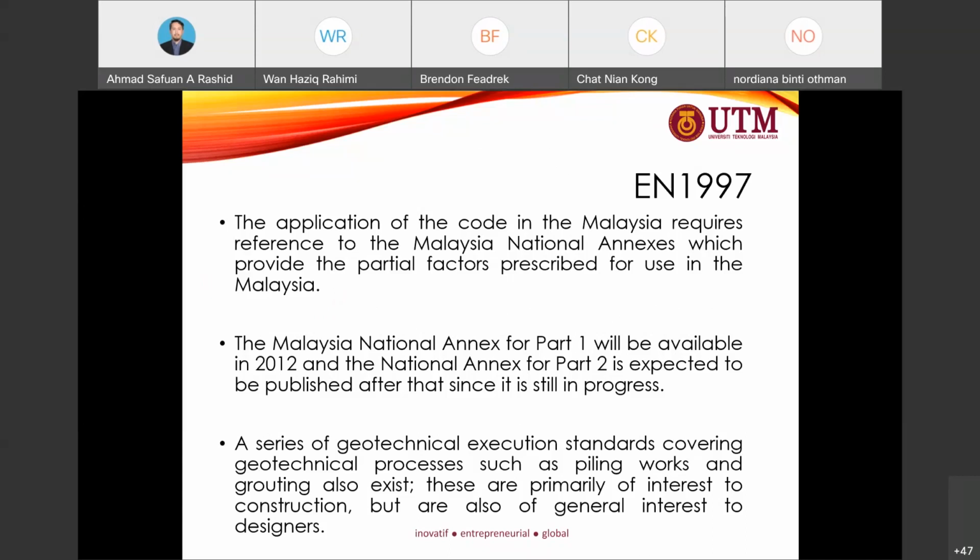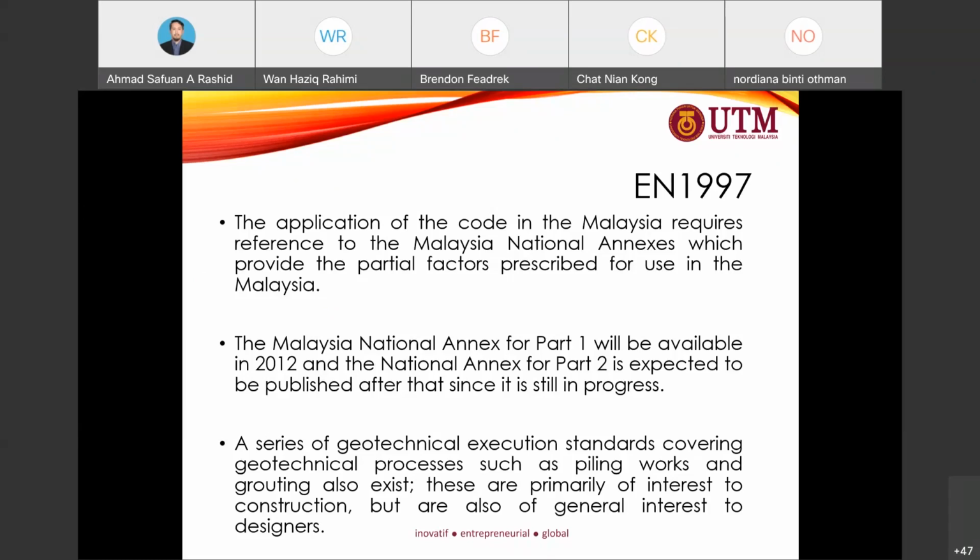It's already available, so I will also include the Malaysian standard in your e-learning after the class, so you can have some idea when we discuss the shallow foundations in the following weeks.